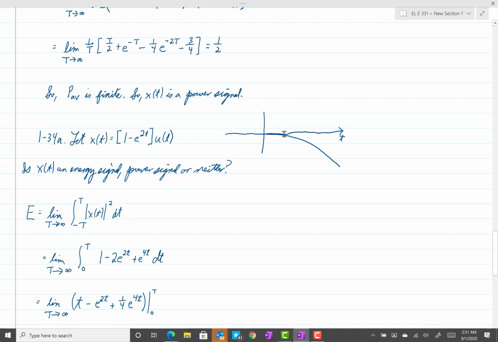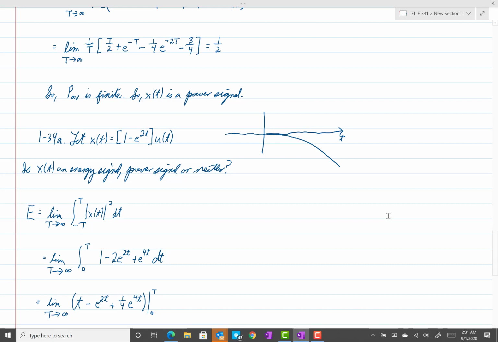Now here is this function. It starts off when t is equal to 0, we have 1 minus 1, so it starts off at 0. But then as t increases, this e to the 2t term gets bigger and bigger and bigger, and it's getting subtracted from 1, so we get this negative number that's getting larger and larger and larger.